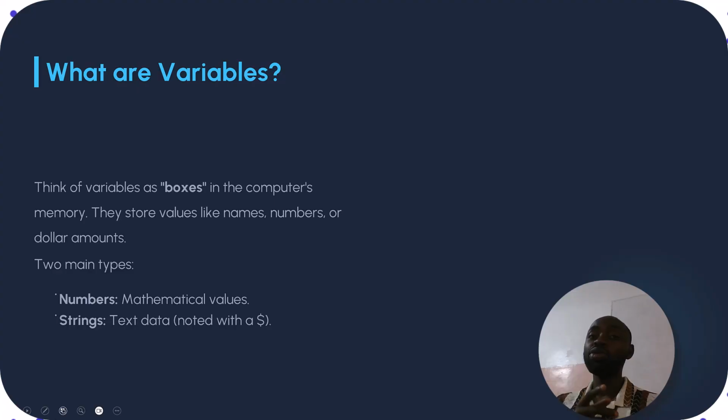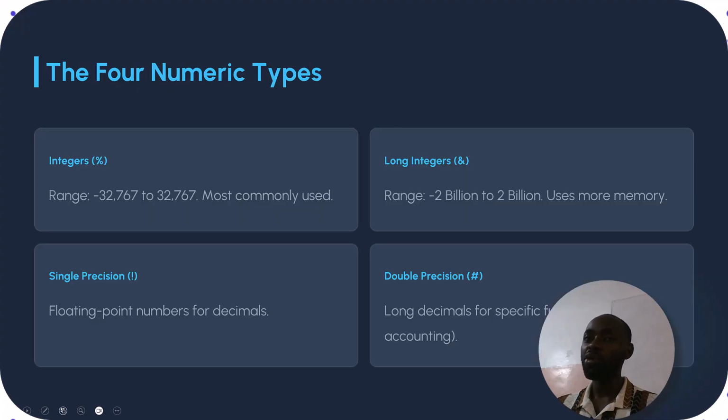That is it. If you track back, you look at the variables. They are in 2 categories: the numbers and the strings. And for the numbers, we have 4 specific categories within the number data type or variable. If you look at each type of number, you have integers, long integers.